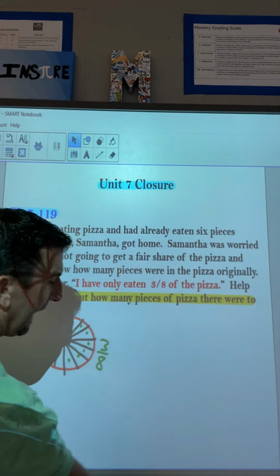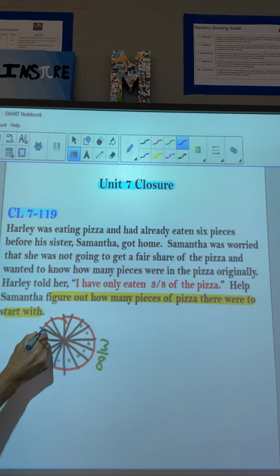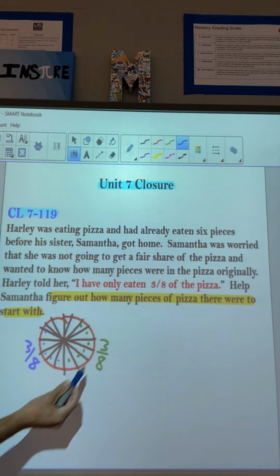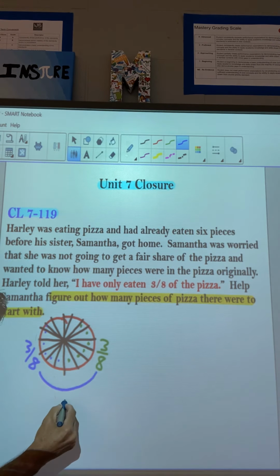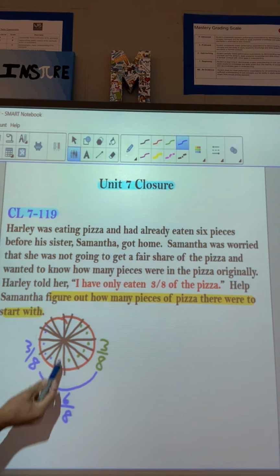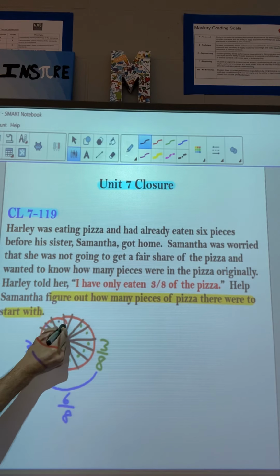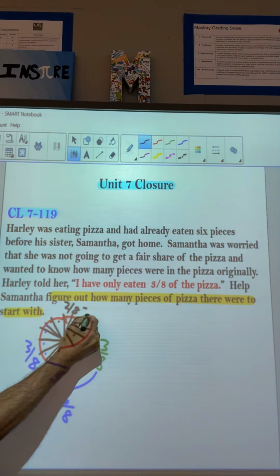So if we did it again, we go 1, 2, 3, 4, 5, 6. That's 3/8. 3/8 and 3/8 is 6/8. So these two together give me 6/8, which means I have 2/8 left. So I have 1, 2, 3, 4. I have 4 pieces for 2/8.